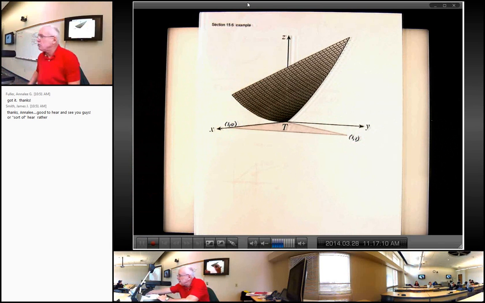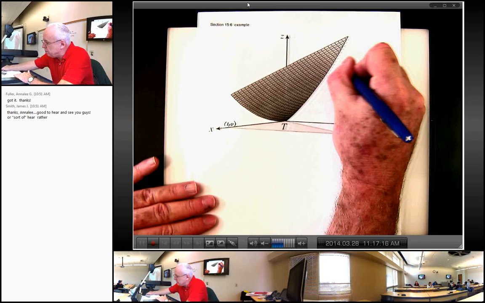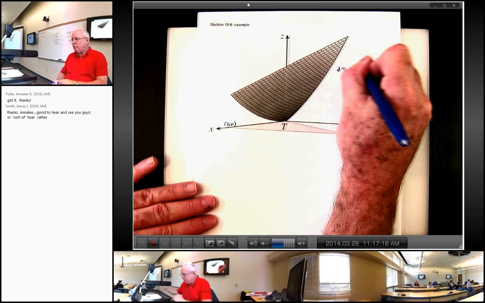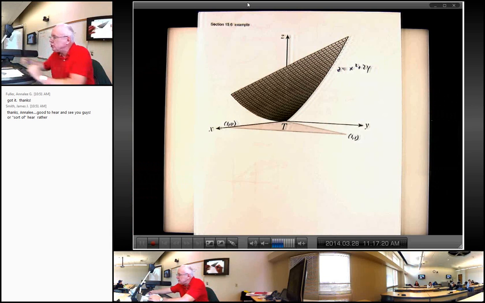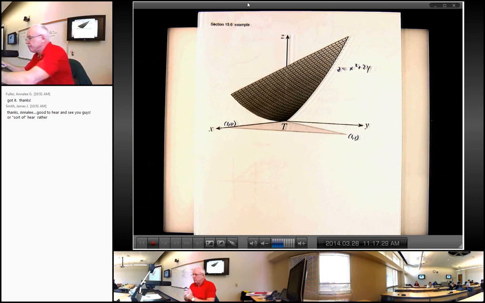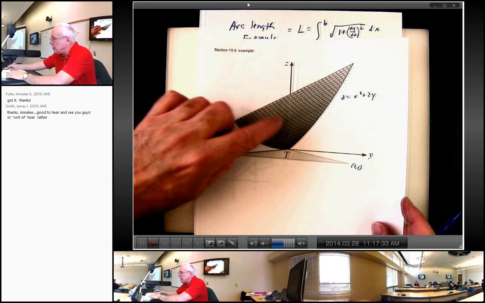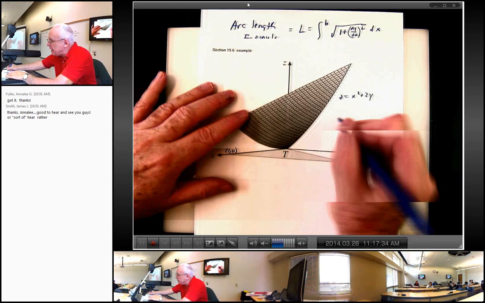This is our surface, z equals x squared plus 2y, and this is the portion of that surface directly above the triangle, and then it gets cut off. So this is what we're trying to calculate, the surface area of that right there.